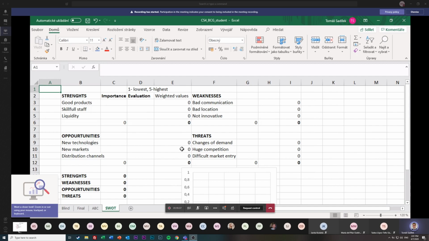So distribute these 100% between these three factors, based on their importance to the overall company performance. I would say that the good product is much more important than the skillful staff and then the liquidity. So I put 0.5 for good products, 0.3 for skillful staff, and 0.2 for liquidity.